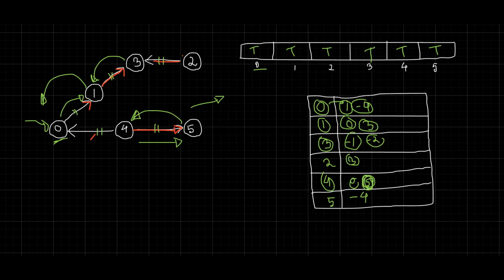So here, from 5, we can go to -4. That means there is already a reversed edge. So after the completion of this DFS algorithm, we have found in total 3 edges that we have to reverse to reach the destination 0.